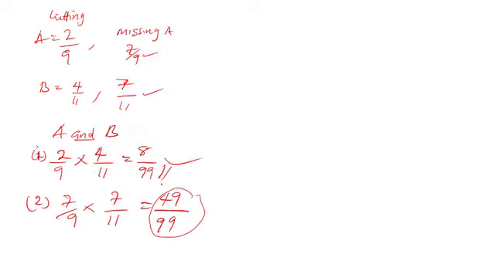Now the last question says at least one of them hits the target. Remember, it's different from telling us that A hits the target and B did not hit, or B hit and A did not hit.